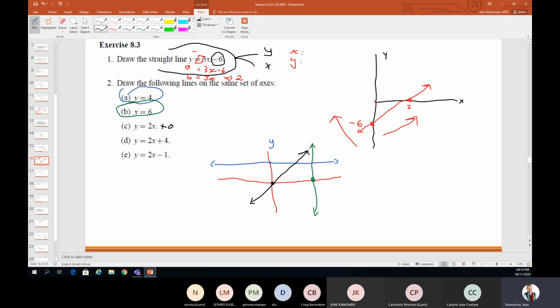And if you need to have a point on it where x is equal to, let's say, 1, if we put x equal to 1 in, 2 times 1 is 2, so then the y point would have been 2. So if they're asking us to give a point on that, it would have been x equal to 1, y equal to 2.